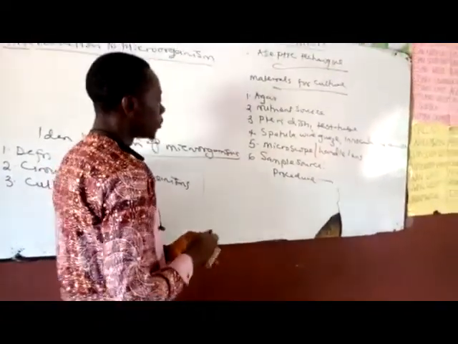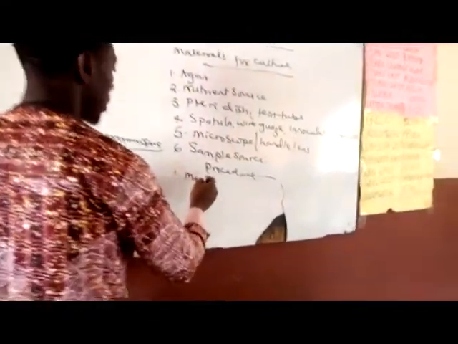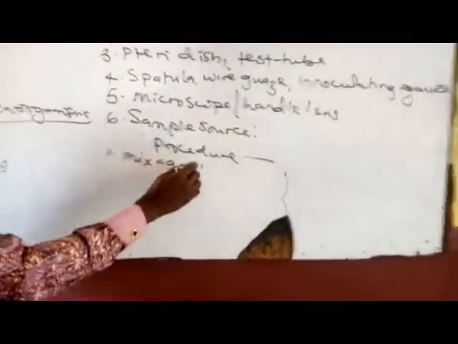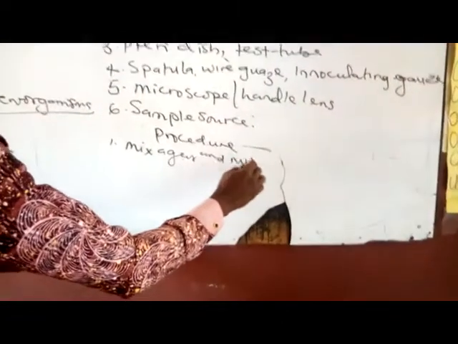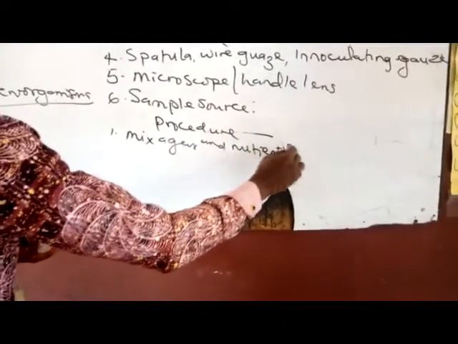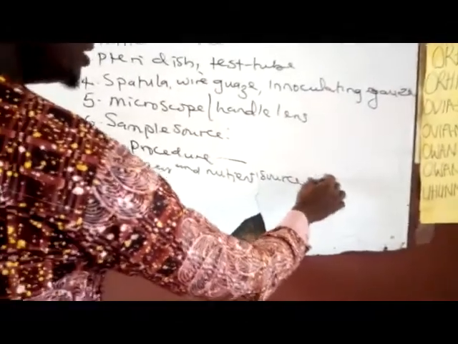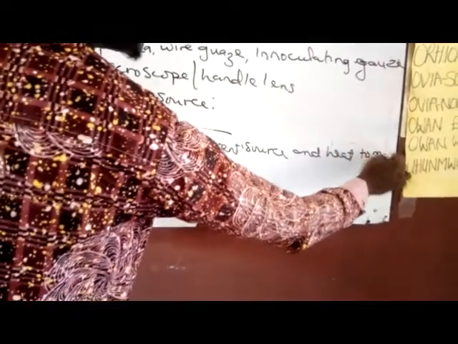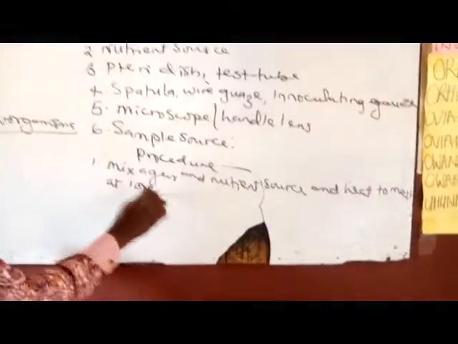Procedure number 1: mix agar and nutrient source, and heat to melt at 100 degrees Celsius.